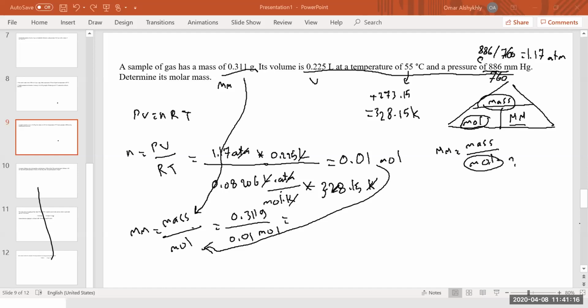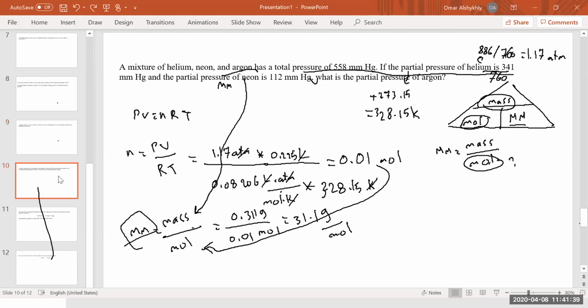So 0.311 divided by 0.01 is 31.1. 31.1 gram per mole is the molar mass. Okay, guys, don't forget to be careful with the unit. It's very important to watch the units when you deal with these types of questions.